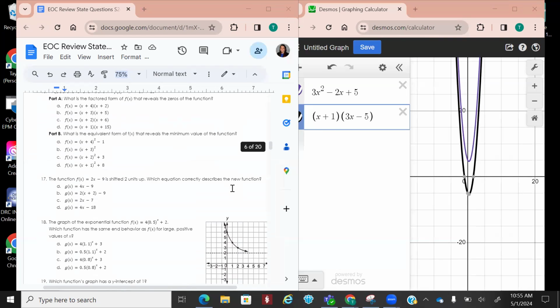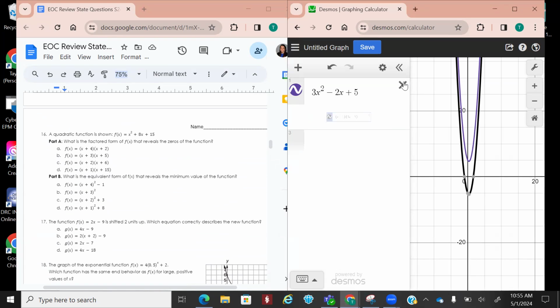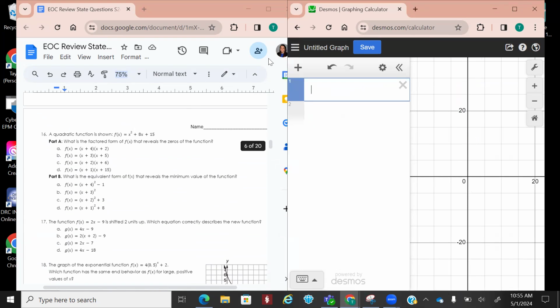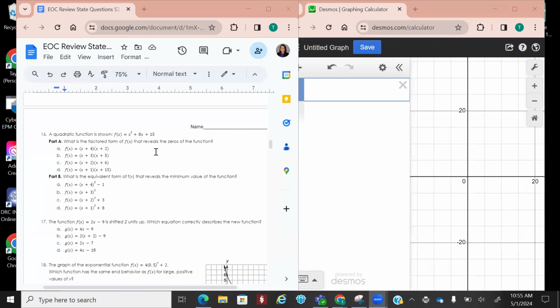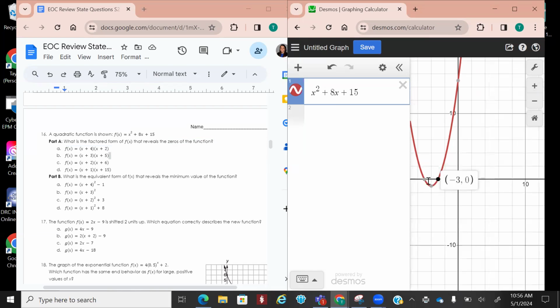Go to 16. So here is the quadratic function. So what you're going to do here is it wants you to find the zeros. What's another way to say zeros? X-intercepts. So we're going to graph these. Where does it cross the x-axis?